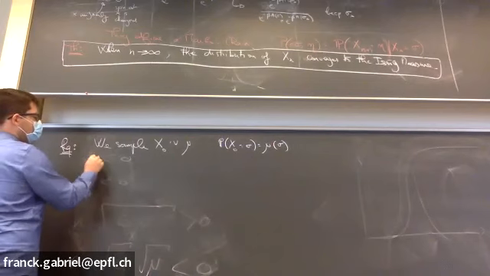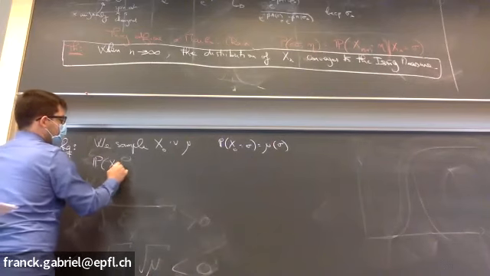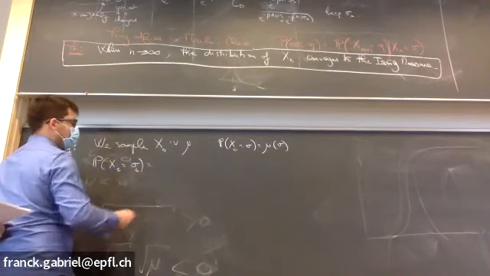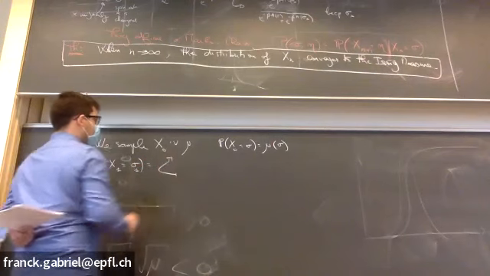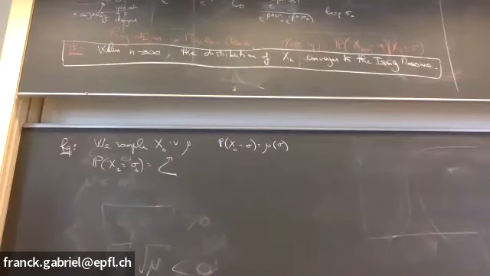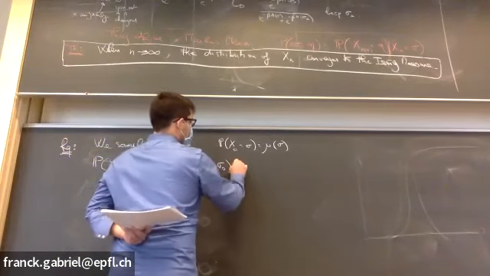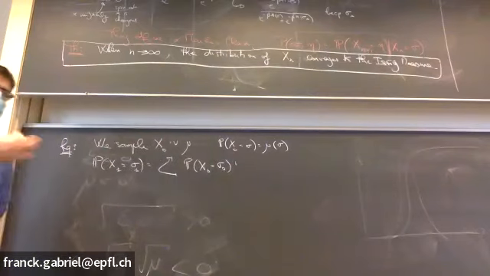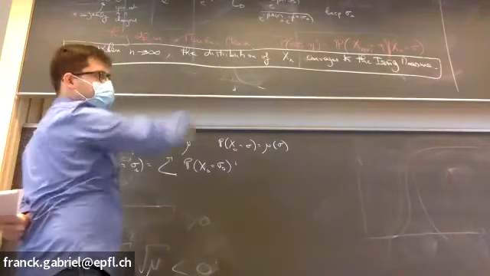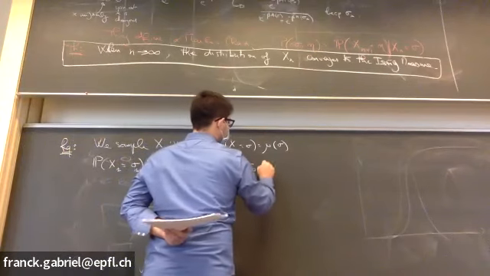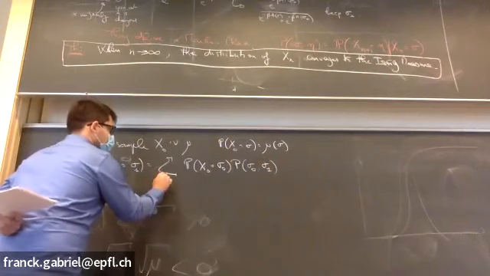Now, what is the law? What is the probability that x1 is equal to sigma 1? Well, I need to look at where I was at x0 and the probability that I transition from sigma 0 to sigma 1. So it's the probability that x0 is equal to sigma 0, times the probability that I go from x0 to x1, which is given by the transition matrix, p of sigma 0, sigma 1, and I sum over all the sigma 0.